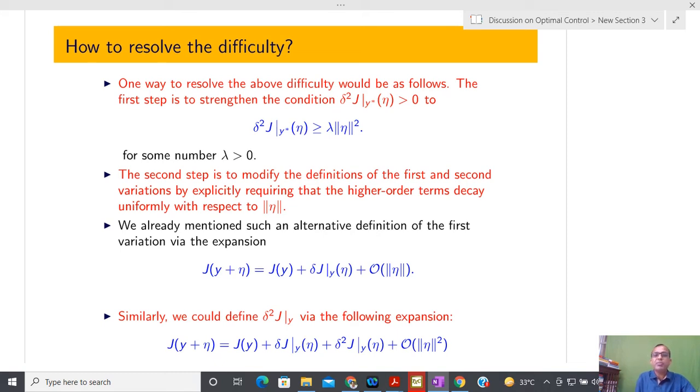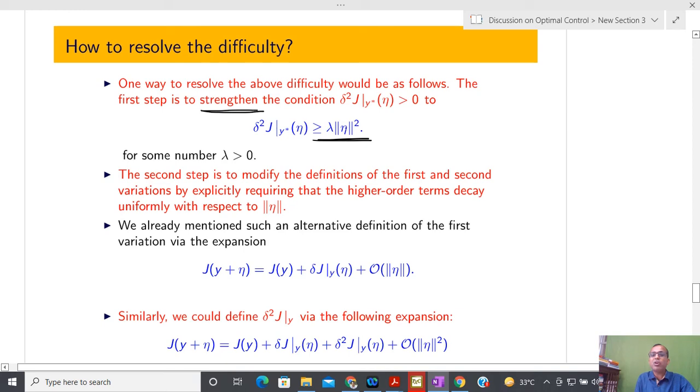It is possible to show that if I further assume that the second variation of the functional is greater than lambda, some kind of number, times the norm of eta squared, the norm of the perturbation squared, then that will give us the strict local minima.